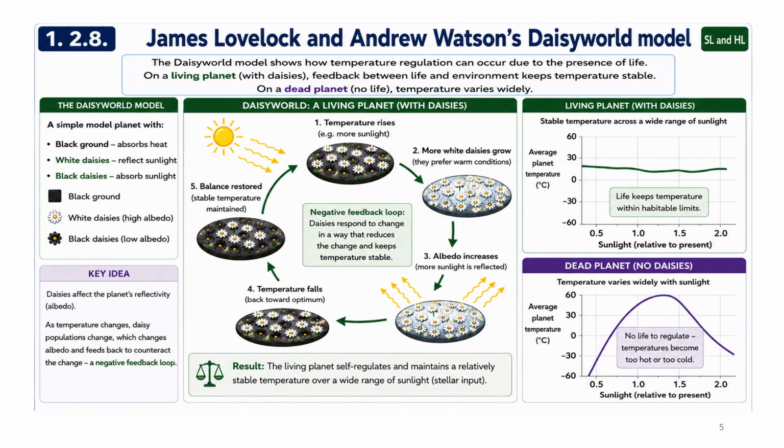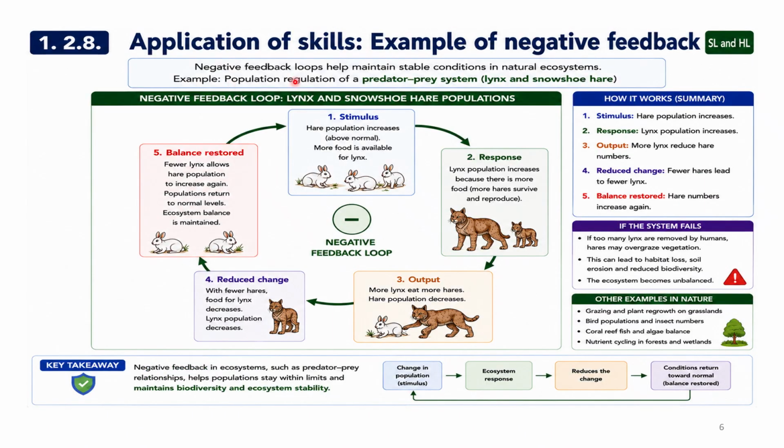Let's apply the concept of negative feedback to a natural ecosystem using the classic lynx, snowshoe-hare predator-prey relationship. The process begins when the hare population increases, providing more food for lynx. As food becomes abundant, the lynx population also increases because more individuals survive and reproduce.